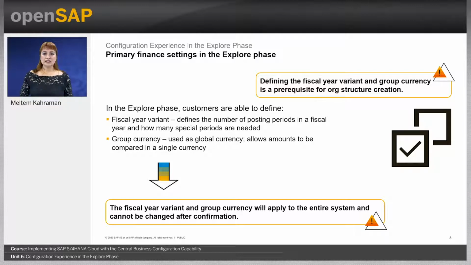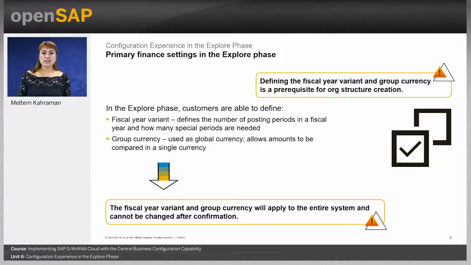But if your fiscal year variant doesn't match the calendar year and your posting periods are also potentially different from calendar months, the customers must select either another available fiscal year variant or the customer-specific template in the Explore phase when setting up your system. You can configure template according to your needs using the Maintain Fiscal Year Variant configuration step. The other available fiscal year variants are ready for use after you select them.